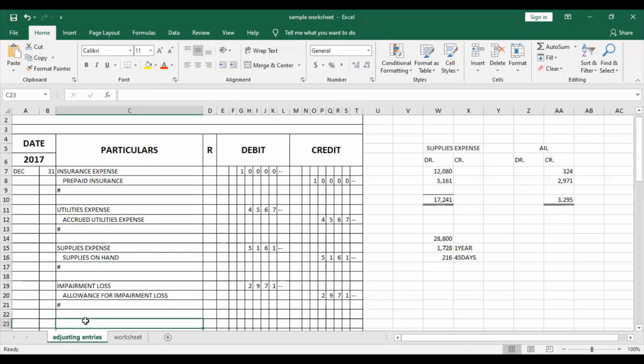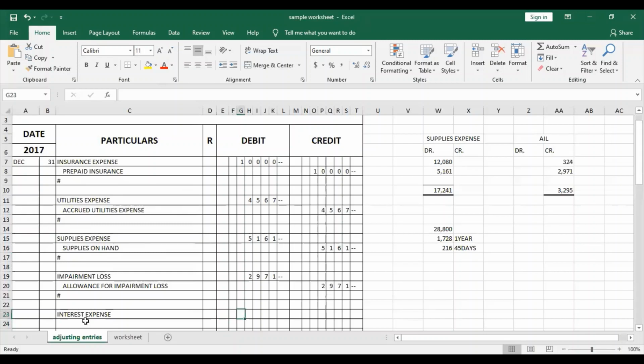So recognize natin yung expense natin, which is interest expense. Nasa debit side siya kasi expense siya. Every time expense increases, it is written on the debit side. Kaya ang interest natin nasa debit side. I-record natin yan, that is 216.